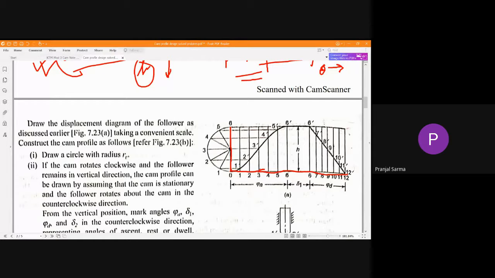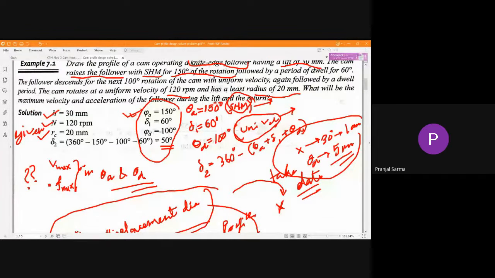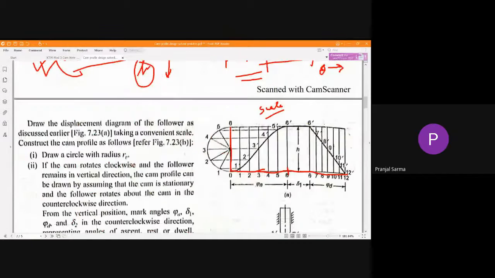After doing the x-axis, as per the scale you have considered, you have to mark it. Let's consider 150-degree. I am considering 30-degree to be 1 centimeter, so 150-degree will be 150 by 30, that is 5 centimeter. We have to mark all this on the horizontal line.